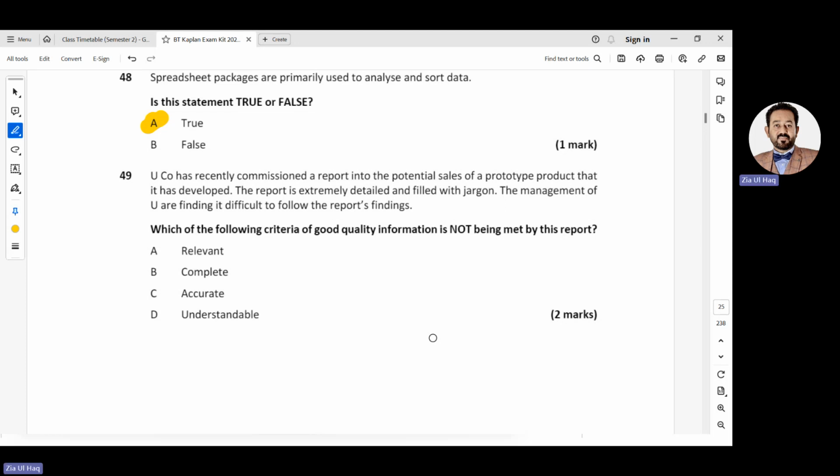The management are finding it difficult to follow the report's findings and they are not understanding it properly. Which of the following criteria of good quality information is not being met by this report? Relevant, complete, accurate, or understandable? Understandability, obviously, jargons used, slang terms used.